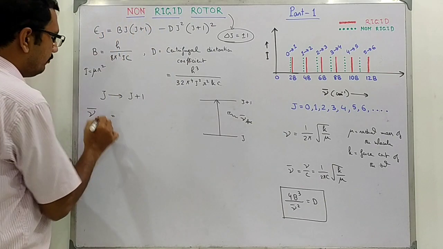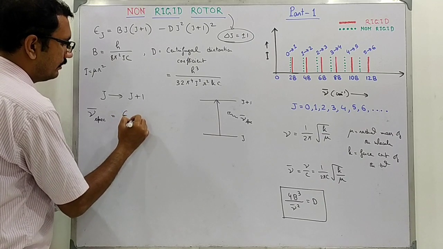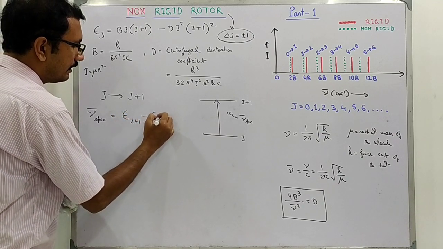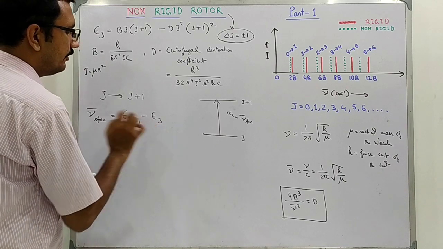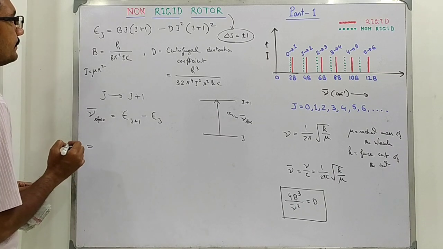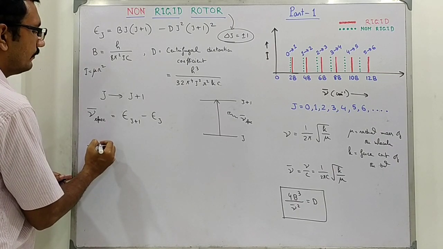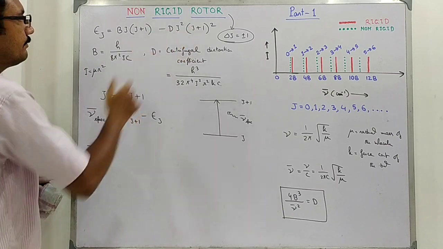So, this nu bar will be the difference in the successive energy levels. So, it is epsilon J plus 1 minus epsilon J. We have to put J plus 1 in this entire equation.